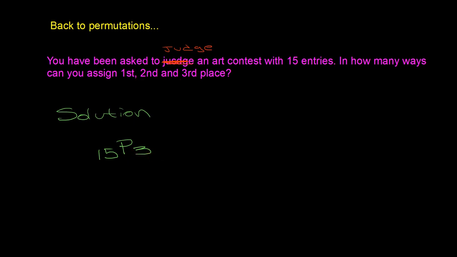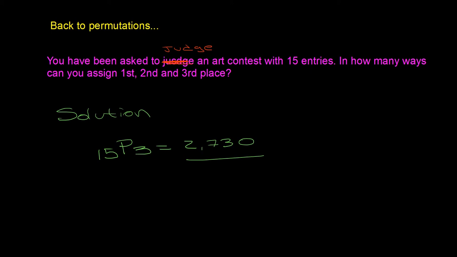That's why we have 15P3. If you compute that in your calculators or in Excel or any tool that you want, you will end up with 2,730 different ways in which you can assign the first, the second, and the third place.